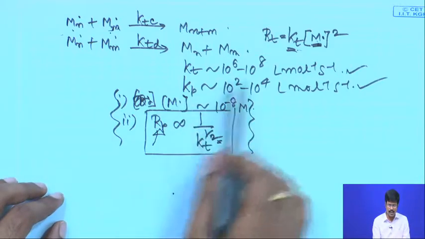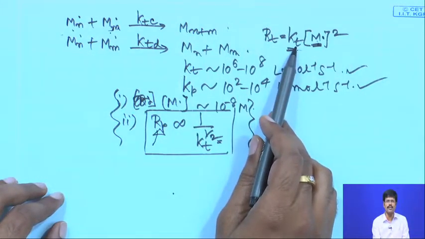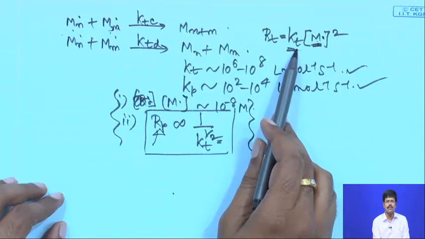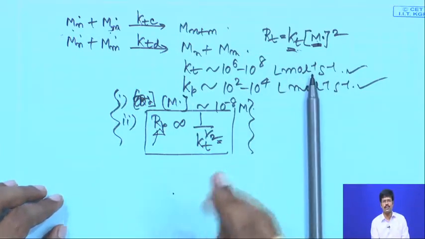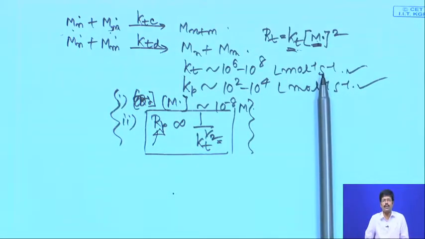Now, you might be thinking why I am writing kT here and not KTC or KTD. In an actual situation when you are terminating a growing radical, you might terminate it through coupling or disproportionation. It is a combination of the two that are working in the actual scenario. So, some fraction of the radicals are being terminated through coupling, some fraction through disproportionation, considering there is no other process of termination, let us assume that for the moment.